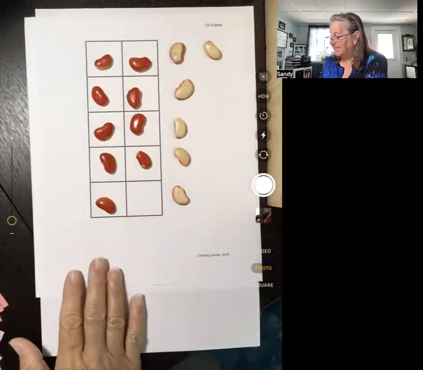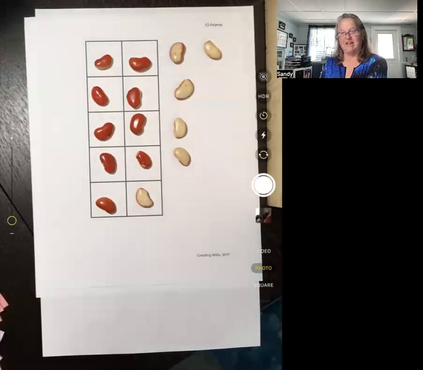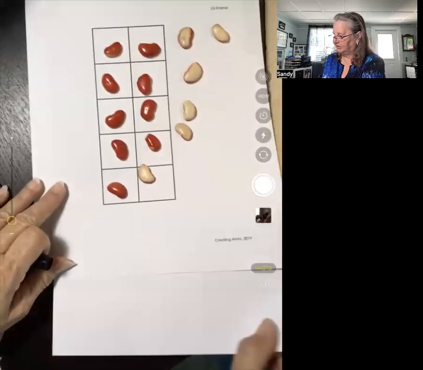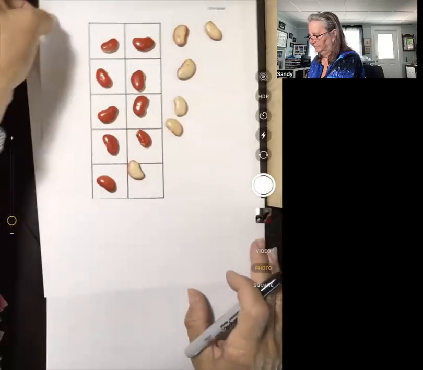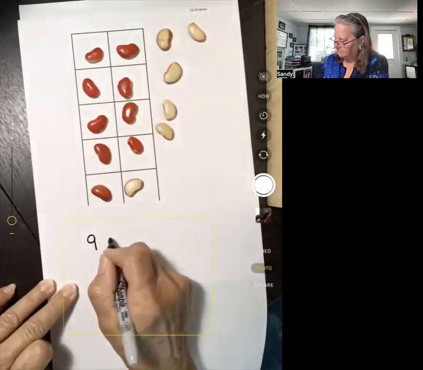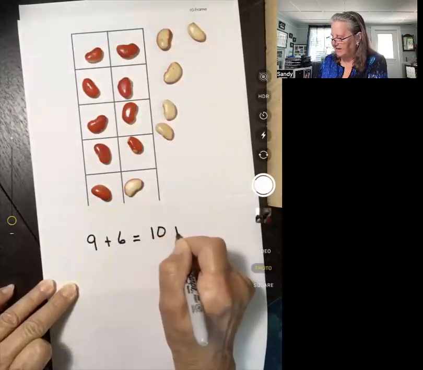So I have 9 and 6, I fill it, same as 10 and 5. So again, 9 and 6, do it this way. Same as 10 and 5.